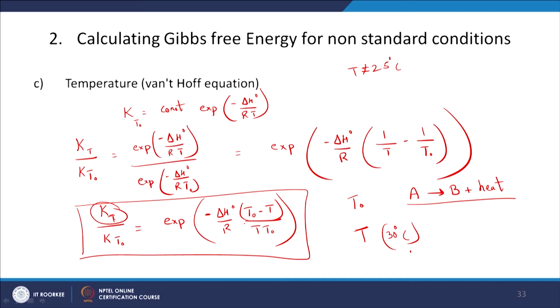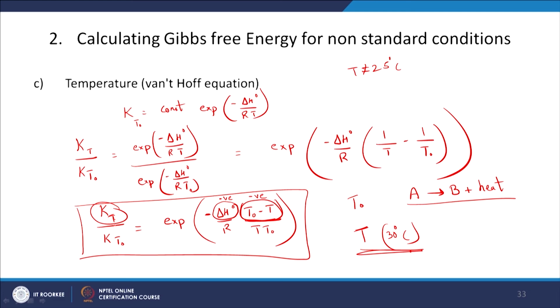So here we have two aspects to consider. T naught minus T is now going to be a negative value, right, because we increase the temperature here, and we also know that it is an exothermic reaction. So delta H naught is also negative, right.